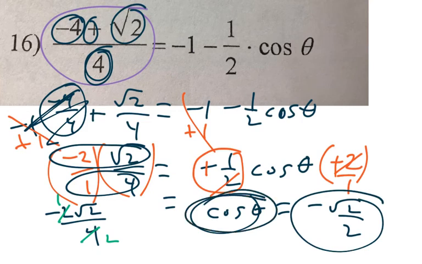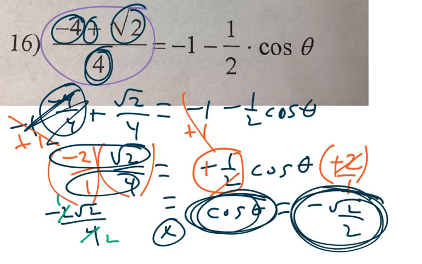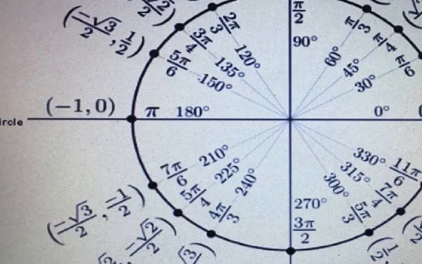Now, where is cosine theta negative square root 2 over 2? Remember, cosine is our x coordinate. Where is x negative? X is negative when we go to the left of the coordinate system, right? So we're going to go to the left. We're going to look in quadrants 2 and 3. And we're looking for negative square root 2 over 2.